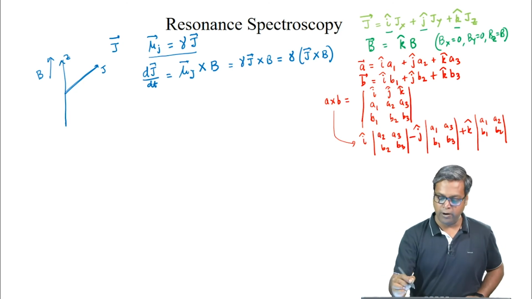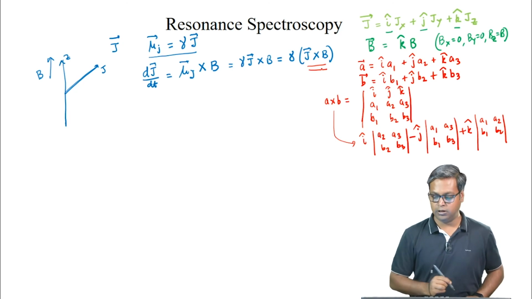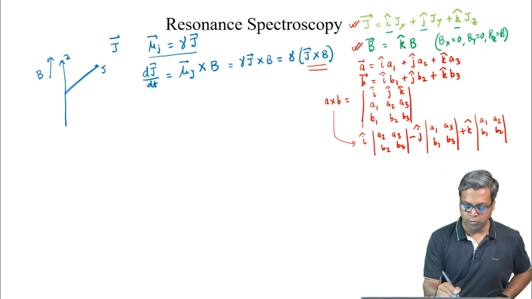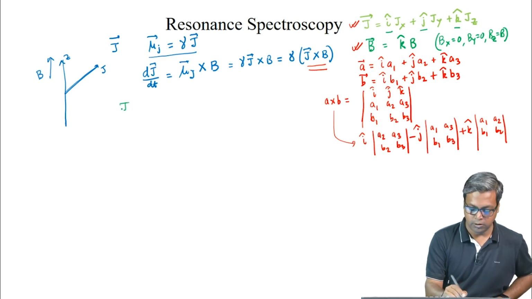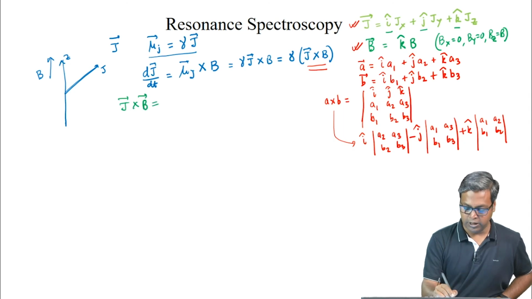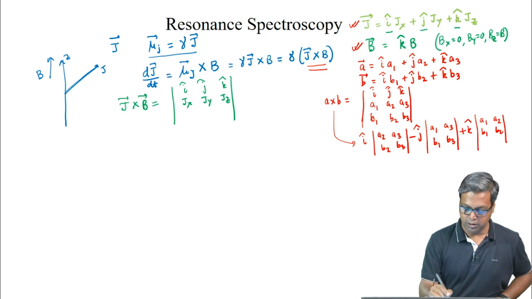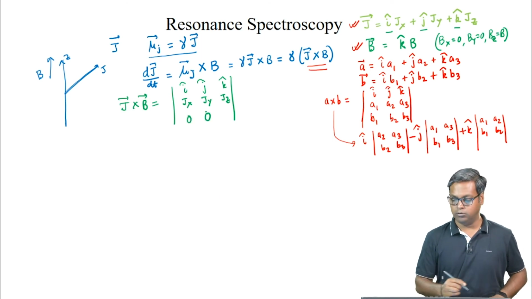Now we have to compute J cross B, where this is our vector J and this is our vector B. We write i j k, then J_x, J_y, J_z, but for B the i and j components are 0 and we only have B in the z component.